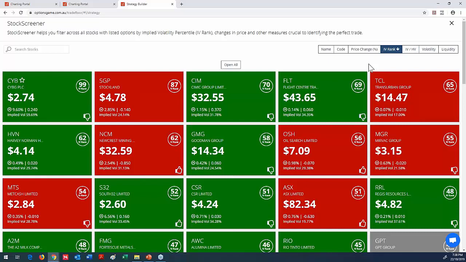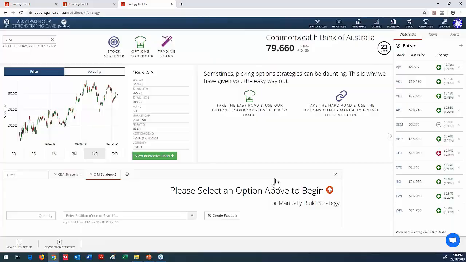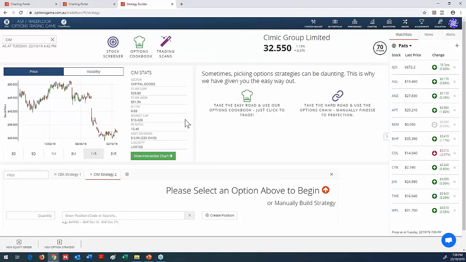The other thing is, let's say you're looking at CIMIC Group and you have a $32 put option, you've sold that with the intention of buying the stock at $32. If it drops to even $30 and comes back on expiry date to $32.50, you won't own the stock. So that's an important thing to note. It can bounce through. You might not be able to take the stock anyway, which is probably the best result anyway.